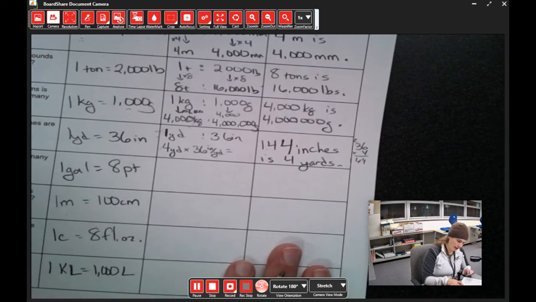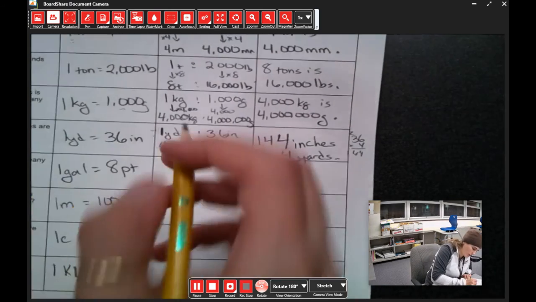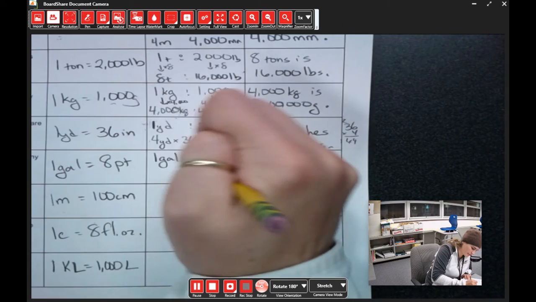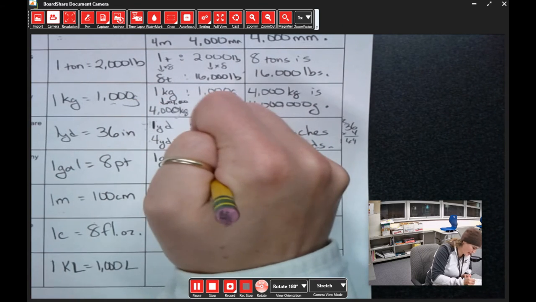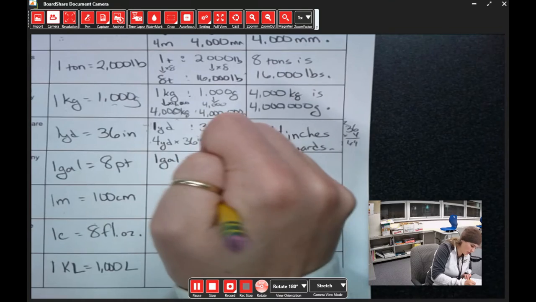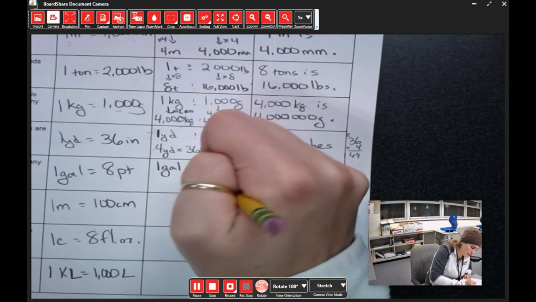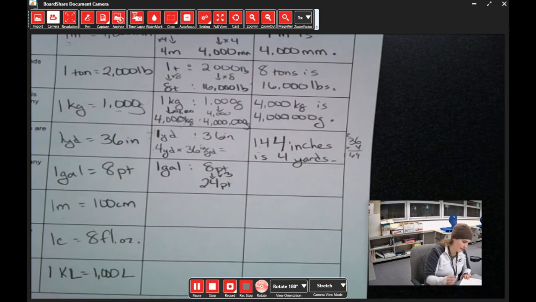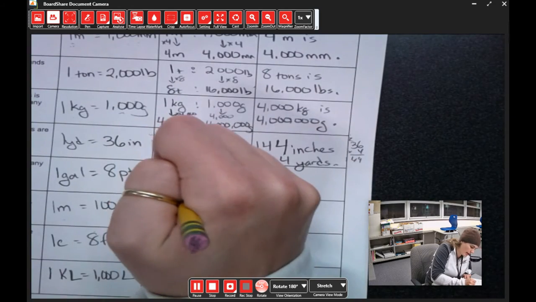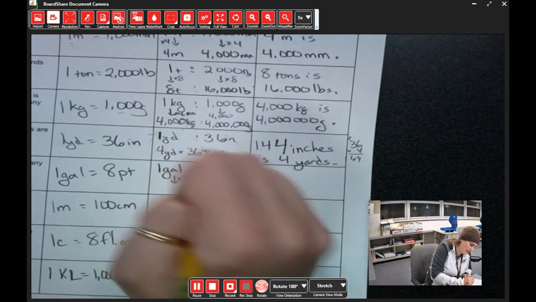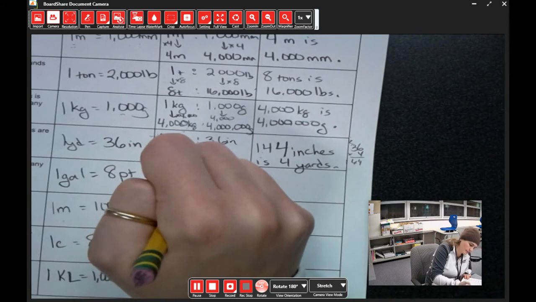24 pints is how many gallons? Well, 1 gallon is 8 pints, and then I have 24 pints. Oh, goody. Okay, this time I'm going smaller. I know 8 times 3 gets me 24. 1 times 3 gets me 3 gallons.